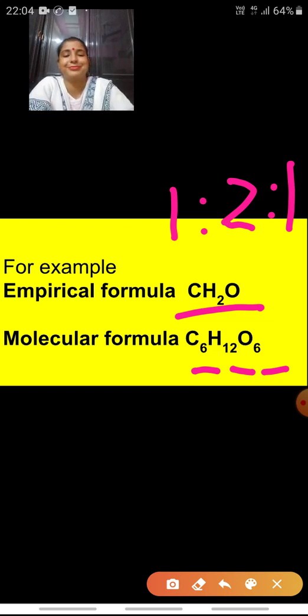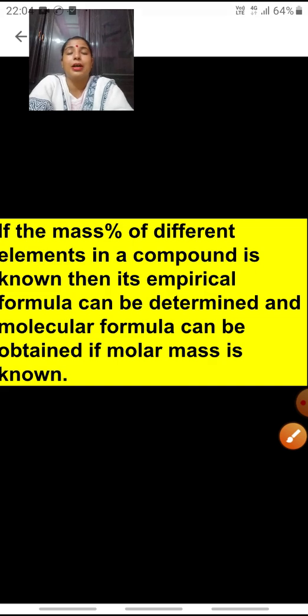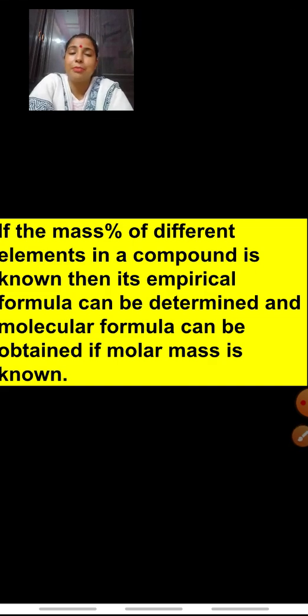Clear? Now see children, if we know the mass percent, the previous topic that we have done, if we know the mass percent of different elements in a compound, then its empirical formula we can easily determine. That means if the mass percent is known, we can calculate the empirical formula, and the molecular formula can also be determined from the empirical formula if we are having the molecular mass or the molar mass.